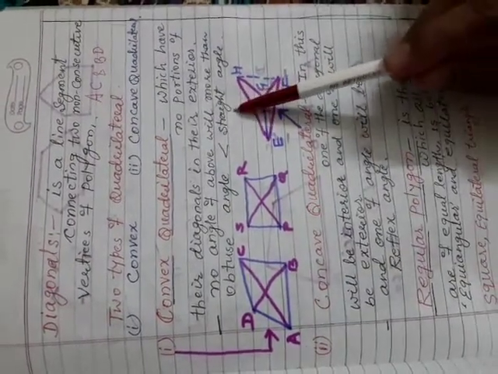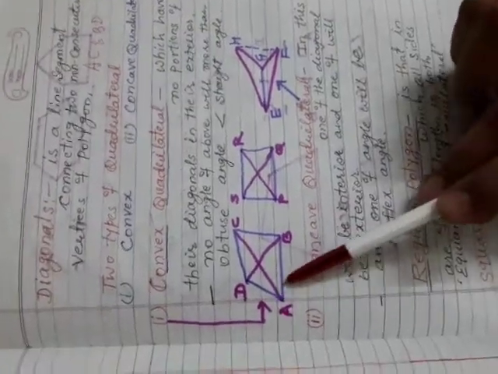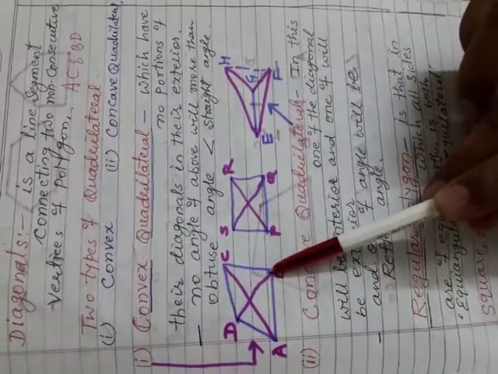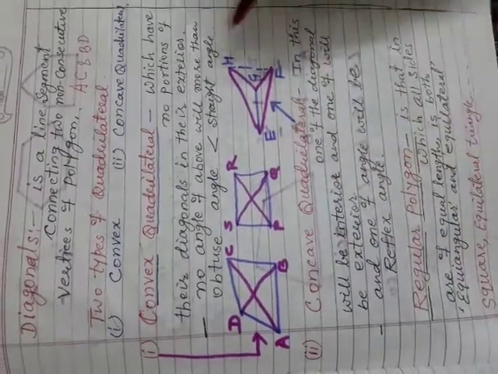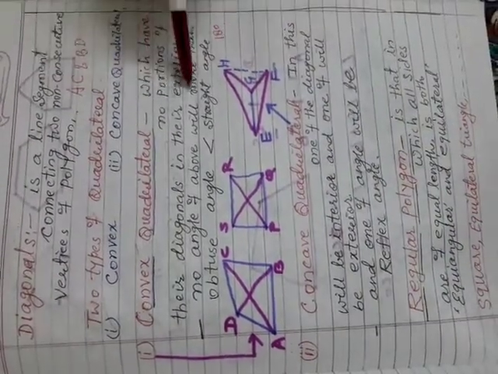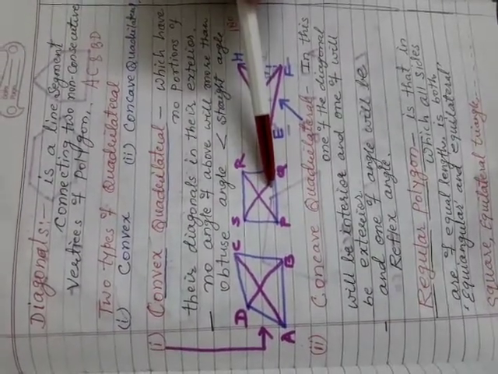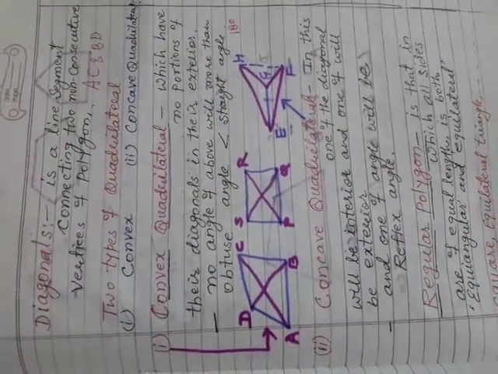So they may be acute or obtuse; the maximum is 179 degrees for any one of the angles. So these are the two properties of the convex quadrilateral: both diagonals lie in the interior and angle measures are less than 180 degrees.